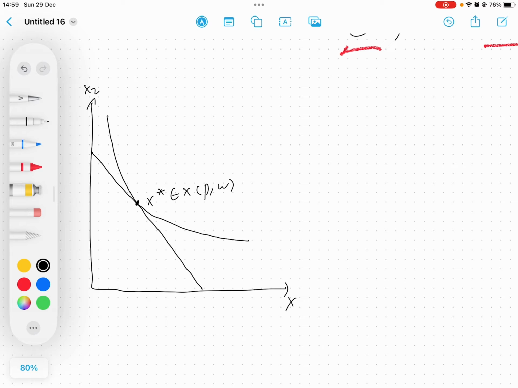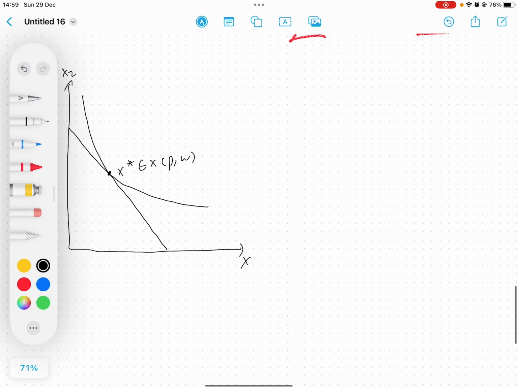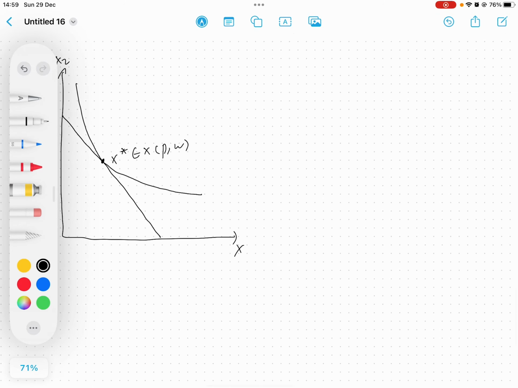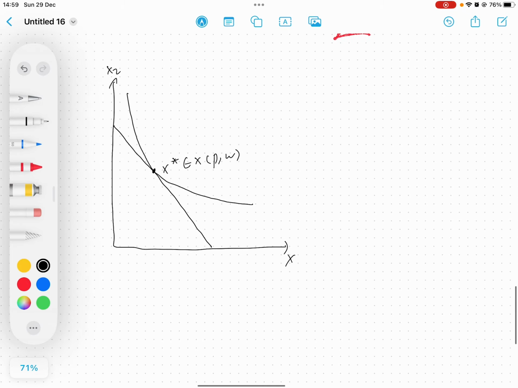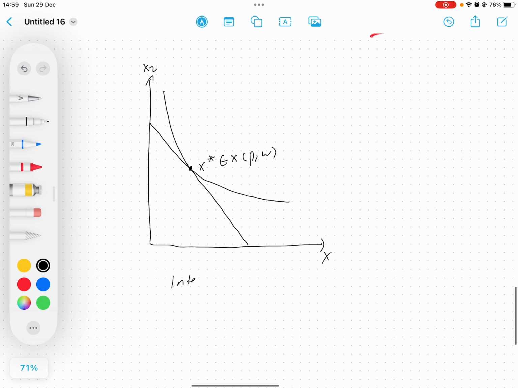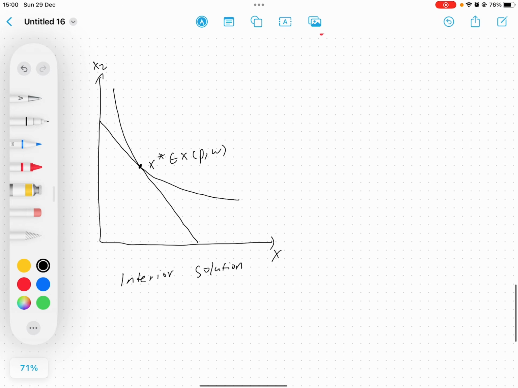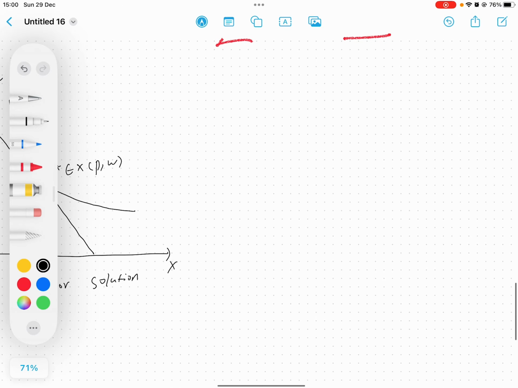However, sometimes we might not get this, which is called an interior solution. Sometimes we might get corner solutions or boundary solutions.